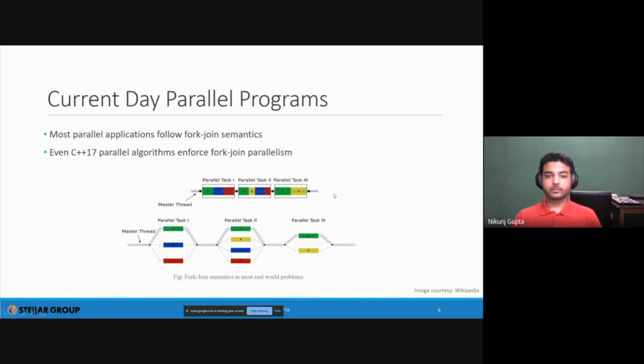Now, let's say you have this simple program wherein you have for loops and parallel algorithms and whatnot in C++. If you want to parallelize it, it's very easy to do so in OpenMP. All you do is add a pragma directive above that for loop, let's say a pragma parallel for.